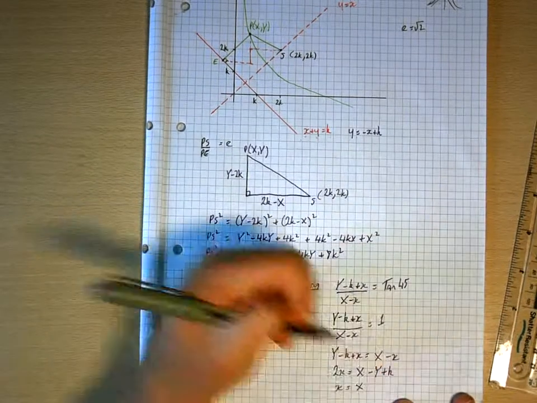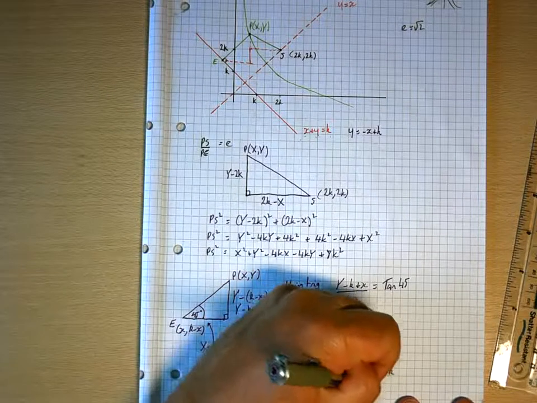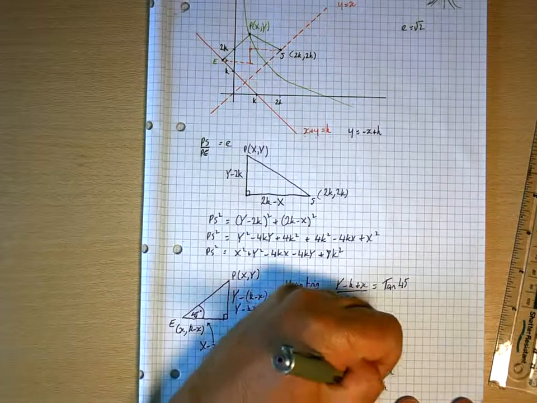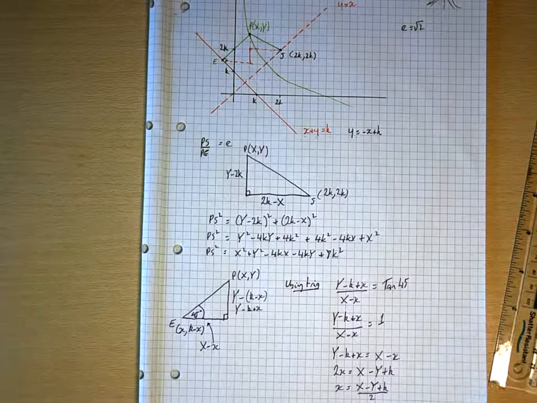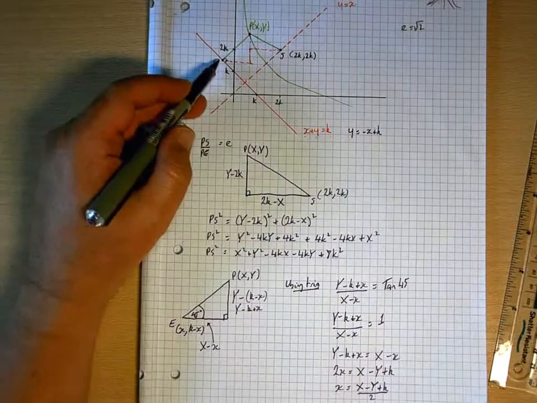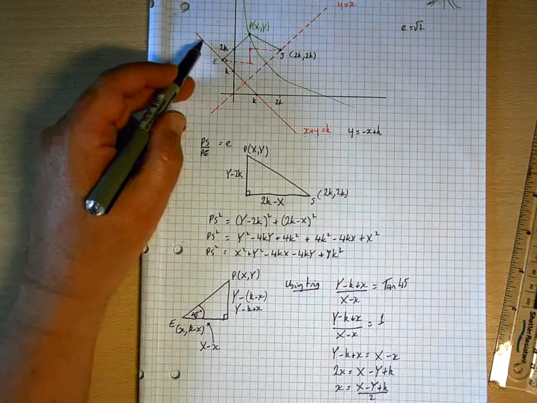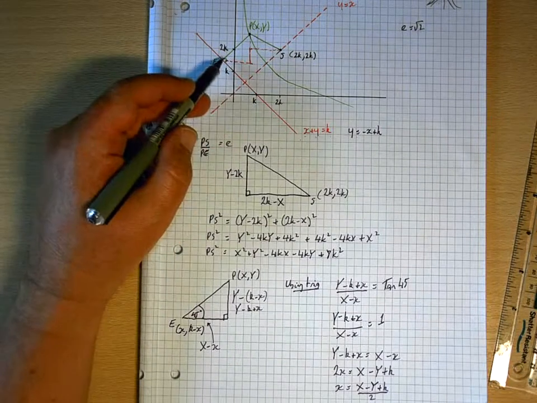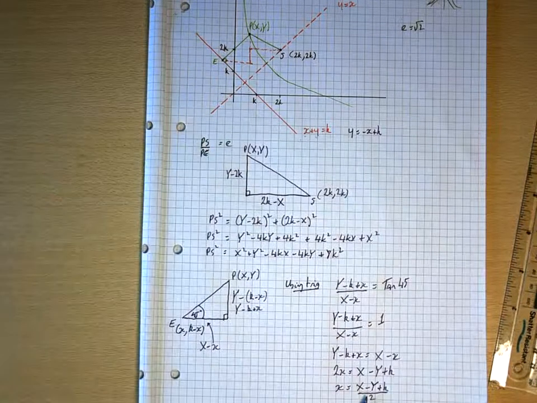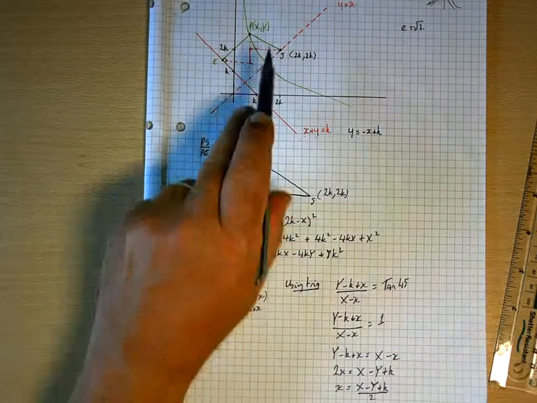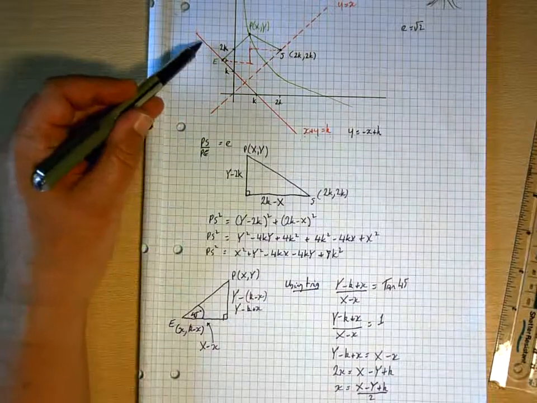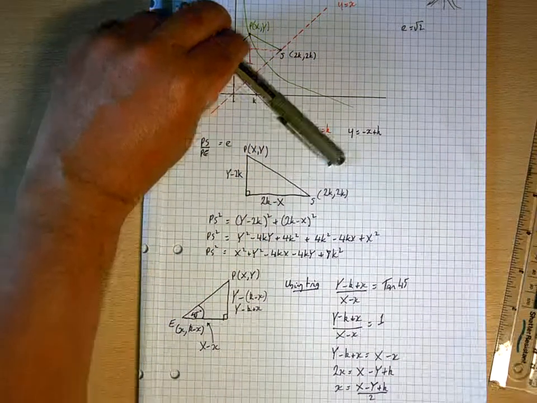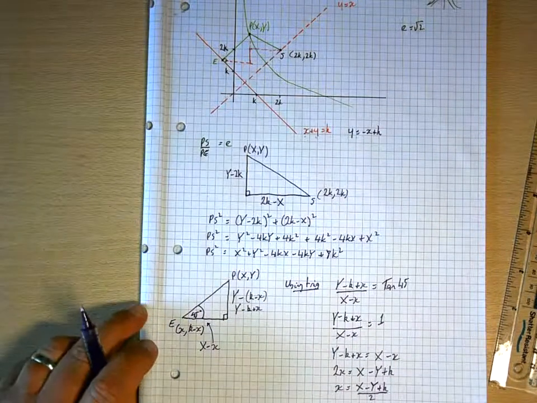So x equals X minus Y plus k, all over 2. What I've done now is define that coordinate as it moves along the directrix purely in terms of X, Y, which are the coordinates of that point, and k, which is the position of that as it runs up and down the y-axis.